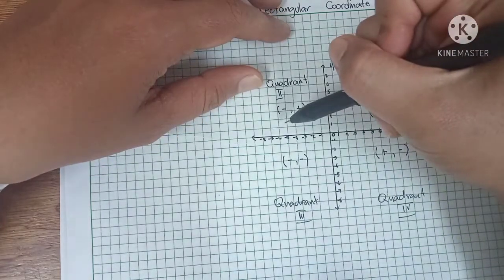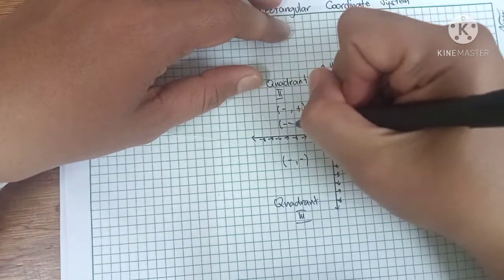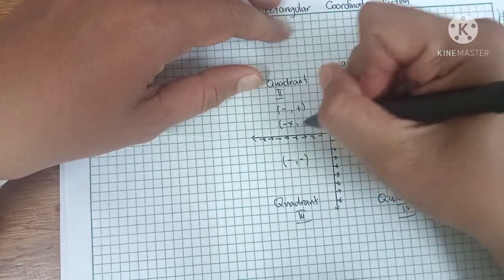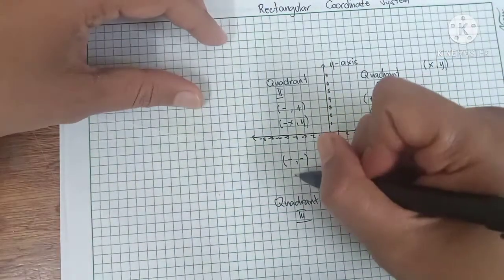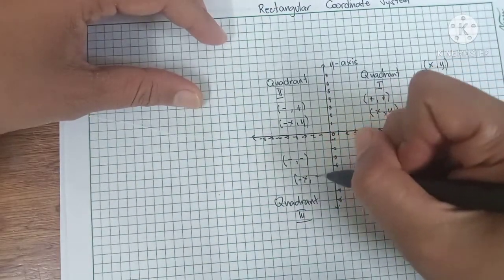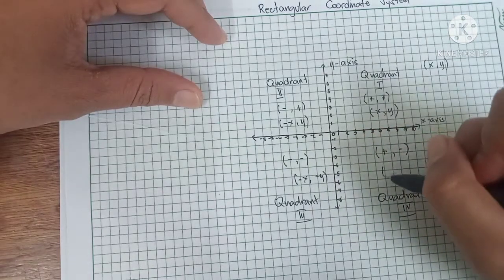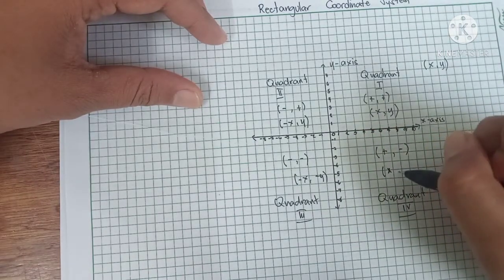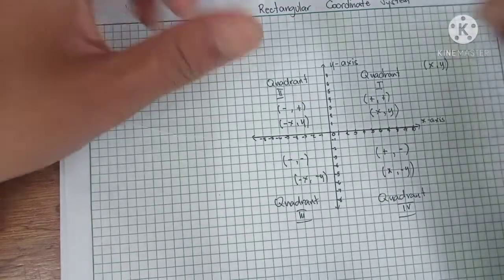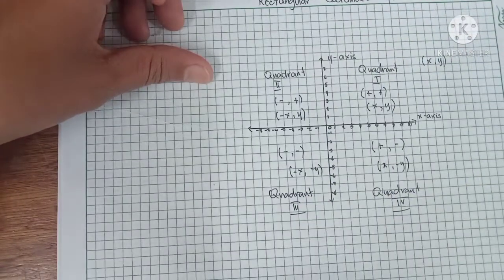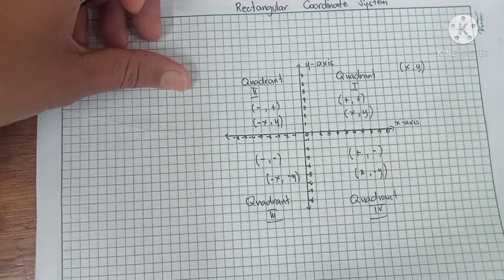Here is negative x and positive y. This one here is negative x and negative y. Here is positive x and negative y. So therefore, that is basically our rectangular coordinate system.